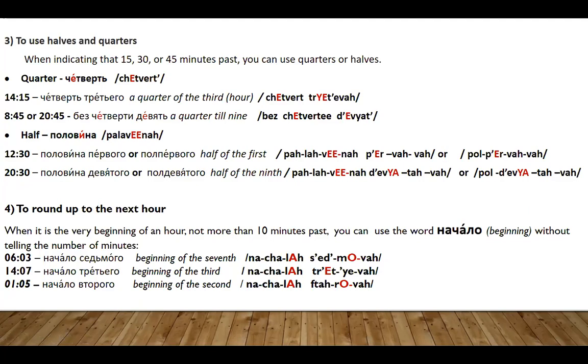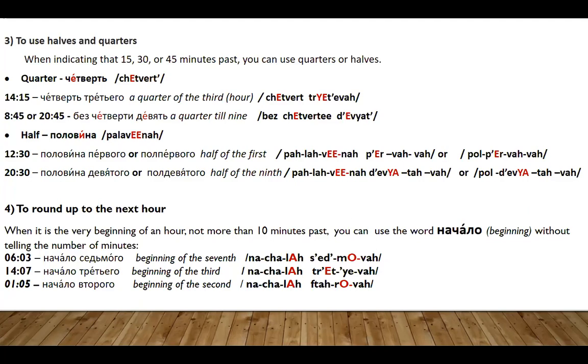Пол девятого. And the last way to tell time is to round up to the next hour. When it is the very beginning of an hour, not more than 10 minutes past, you can use the word начало, or beginning, without telling the number of minutes.